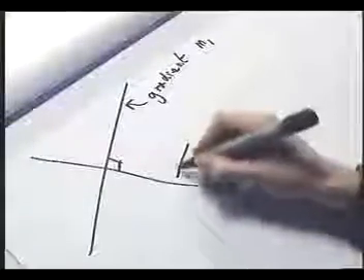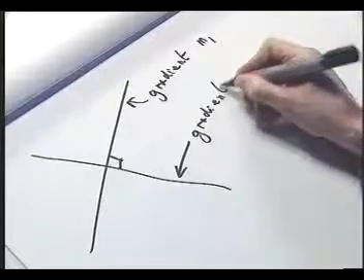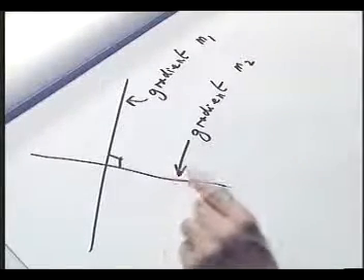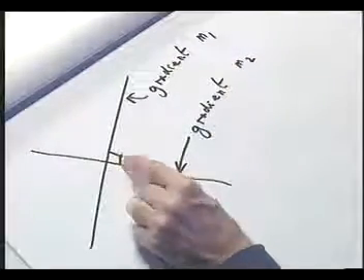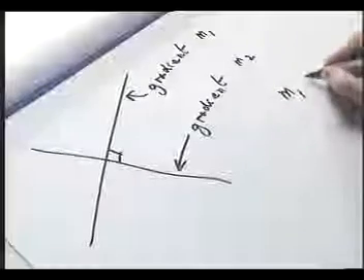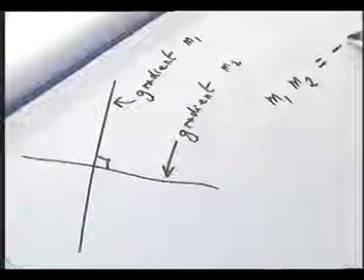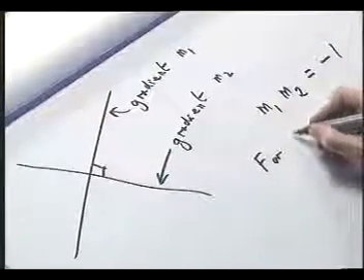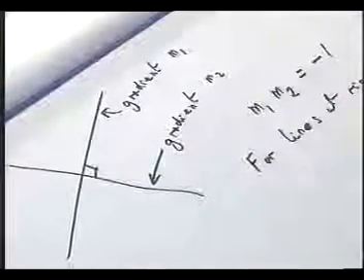And let's say this line has gradient m2. Then the relationship between these two gradients, because they are at right angles, is that m1 times m2 is equal to -1. And that's for lines at right angles.